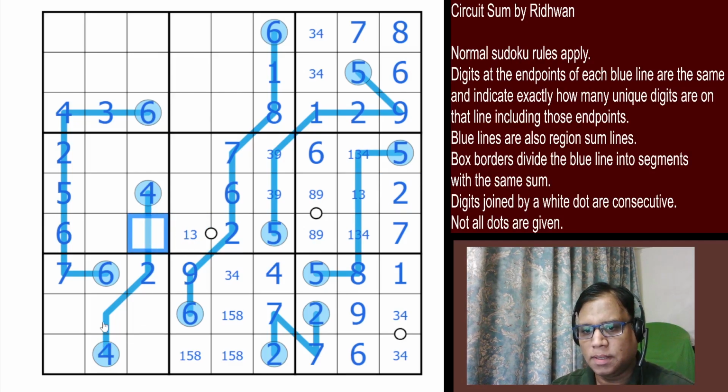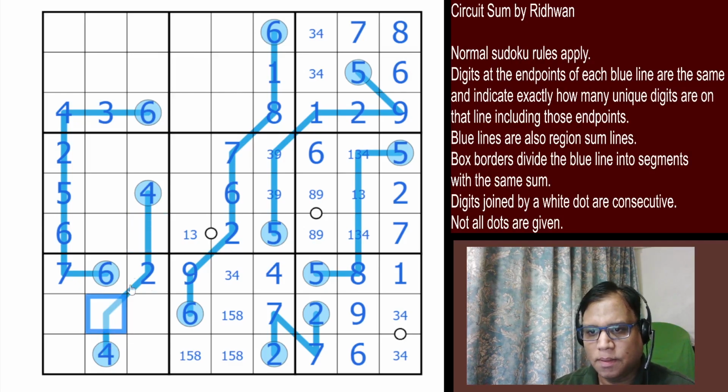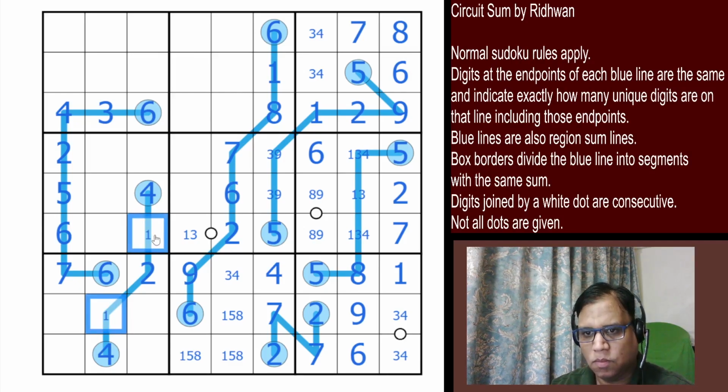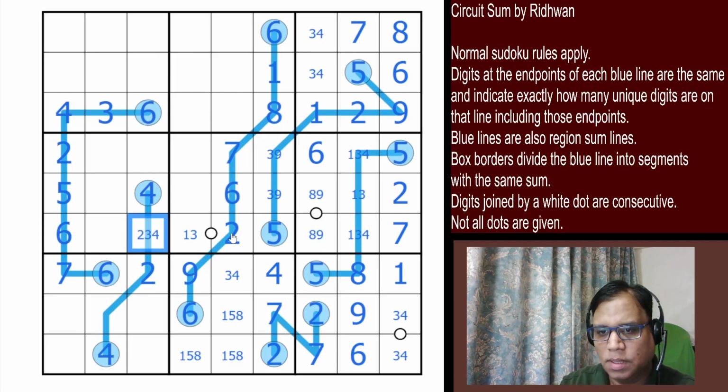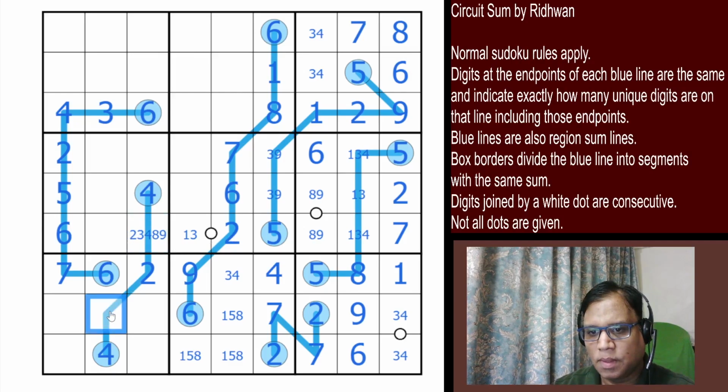Oh, this line now clearly, let's just put the numbers here. What is the possibility here? Sorry, not here, only here. So this is 1 2 3 4 5 6 7 8 9, and this is 1 2 3 4 5 6 7 8 9.